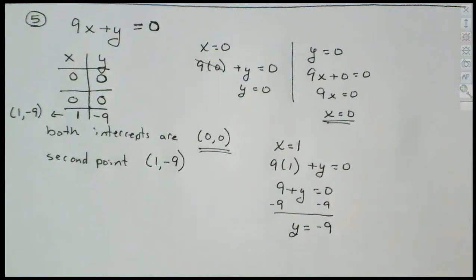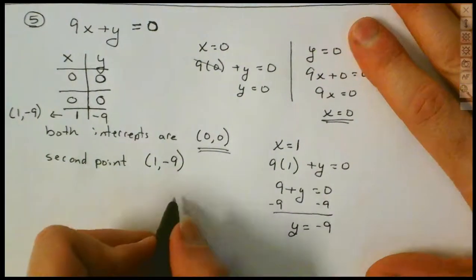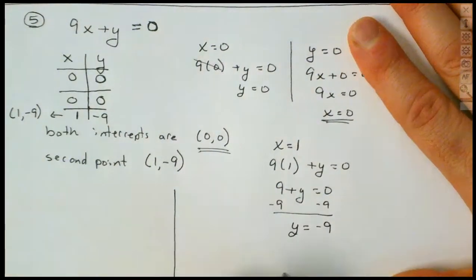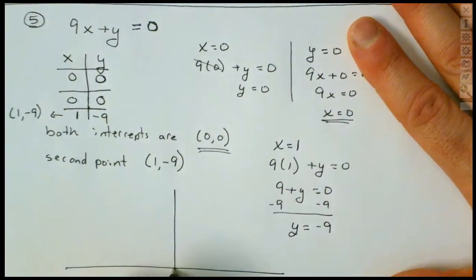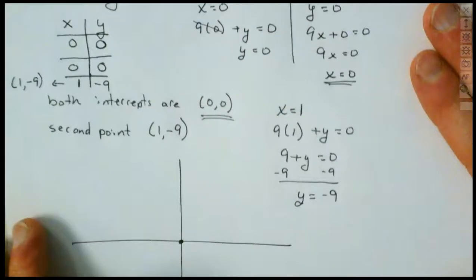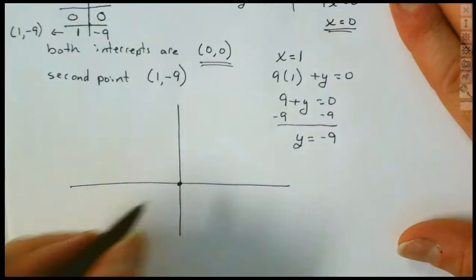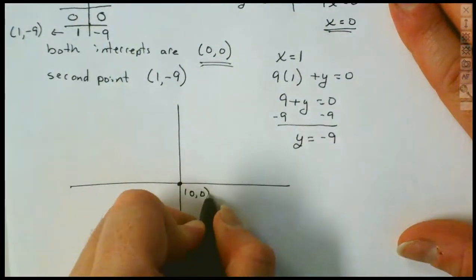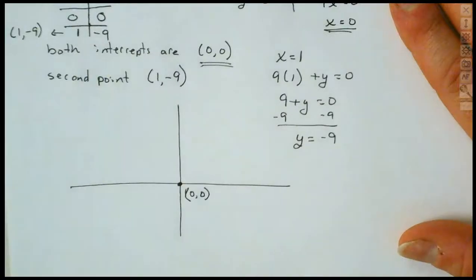So we got the double 0, so that meant we had to have another point. So I just picked 1 for the x, plugged it in, got the corresponding y value. So now we have two unique points. We're going to start at the origin at 0, 0, because that's our first point. And then we have 1, negative 9.